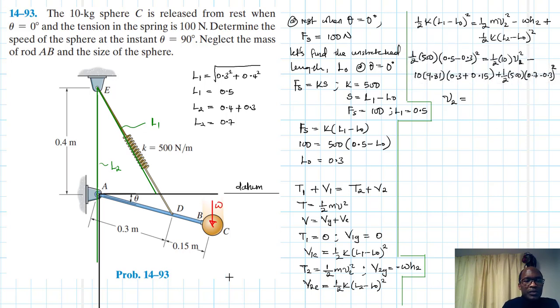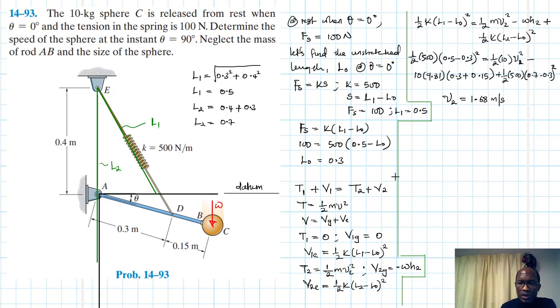So we have 0.5 times 500 times 0.2 squared, plus 10 times 9.81 times 0.3 plus 0.15, minus 0.5 times 500 times 0.4 squared, then divided by 0.5 times 10, and the square root of that gives 1.68.